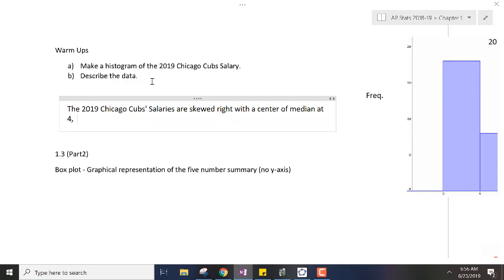So 4,200,000 with the spread of IQR 9,600,250. Again, because it's skewed, we're using median and IQR instead of mean and standard deviation.